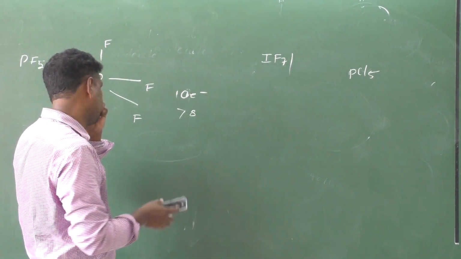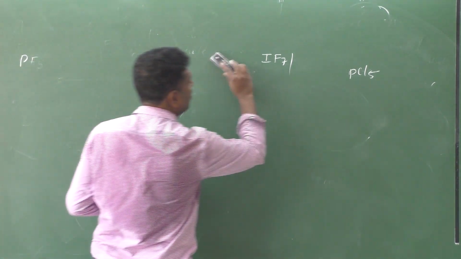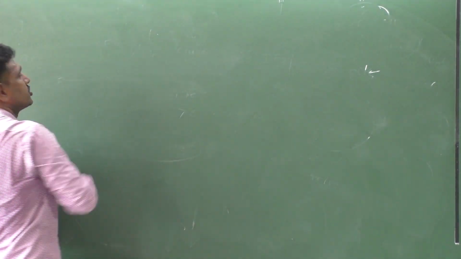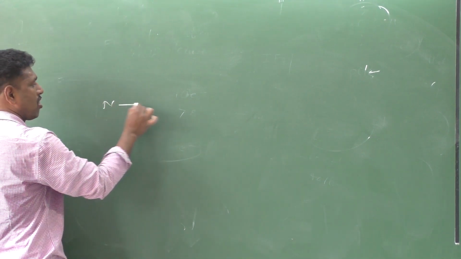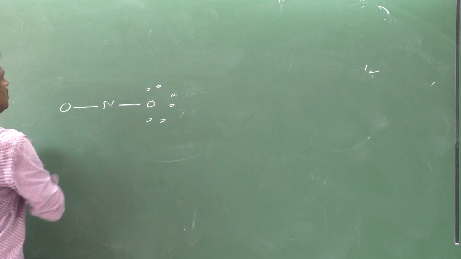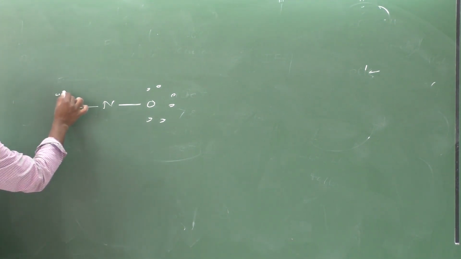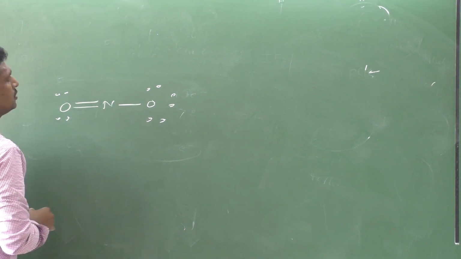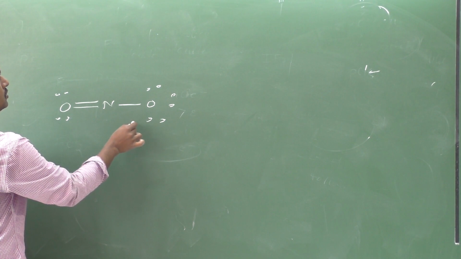Next one, odd number electrons. I will give one more example, NO2, nitrogen dioxide. So 1, 2, 3, 4.